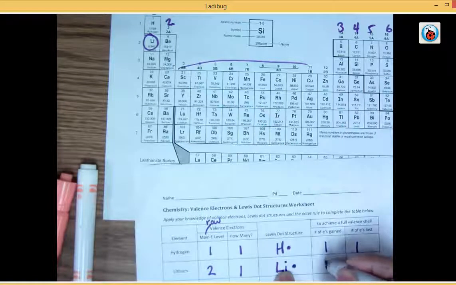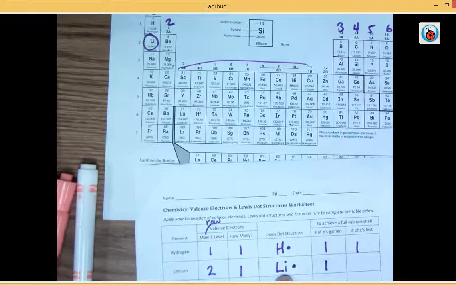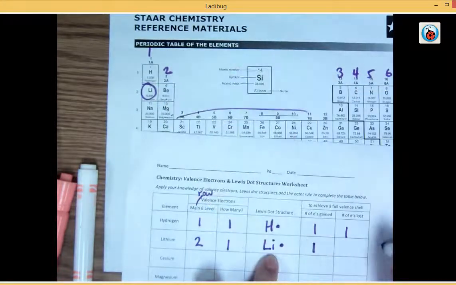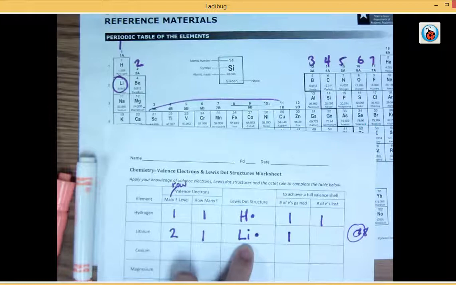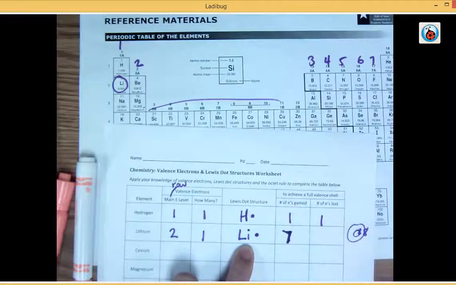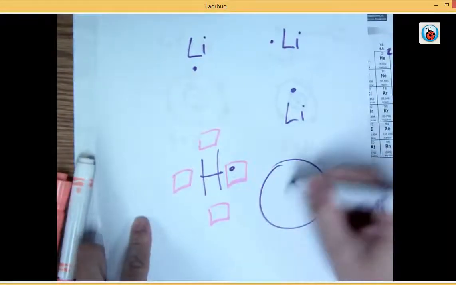Now row 2, the second row, remember the second shell on the Bohr diagram can hold 8. The first shell can hold 2. The second shell can hold 8. So, I'm sorry, it cannot gain 1. It's going to have to gain 7 to make a full shell now. But it can lose that 1 so it can have a full shell underneath. So here's what I mean by that. Here's lithium.